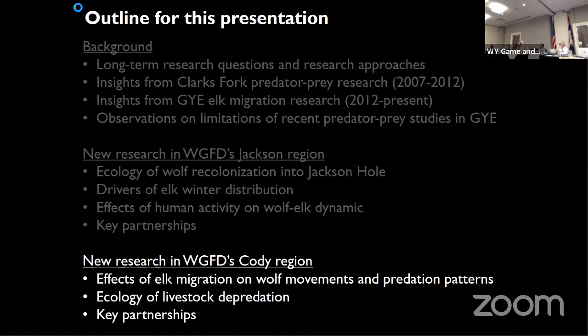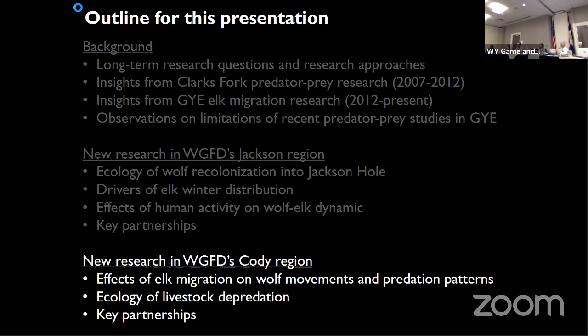In the Cody region, questions about the effects of migration. The Cody herd has an especially dramatic migration in the sense it has a much smaller resident component and a much larger migratory component. And so elk migration in the Cody herd really, to put the finest possible point on it, means all the most important prey vacate a huge front country area in the spring, summer, and fall.